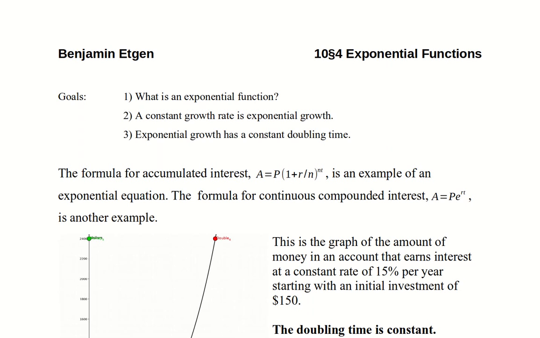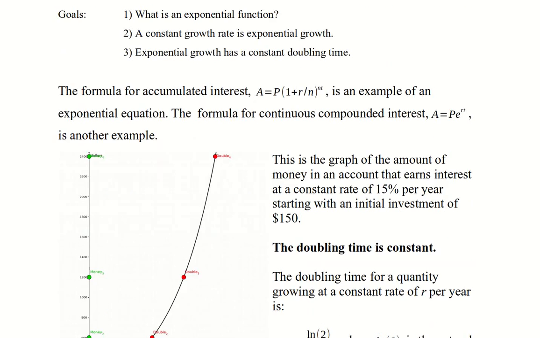Now, similarly, the formula for continuously compounded interest also has a t in the exponent. That e is a constant like pi, the r is the rate, the p is the starting value. But the point here is that the t in the exponent is a variable. That's how we can spot an exponential equation just by looking.